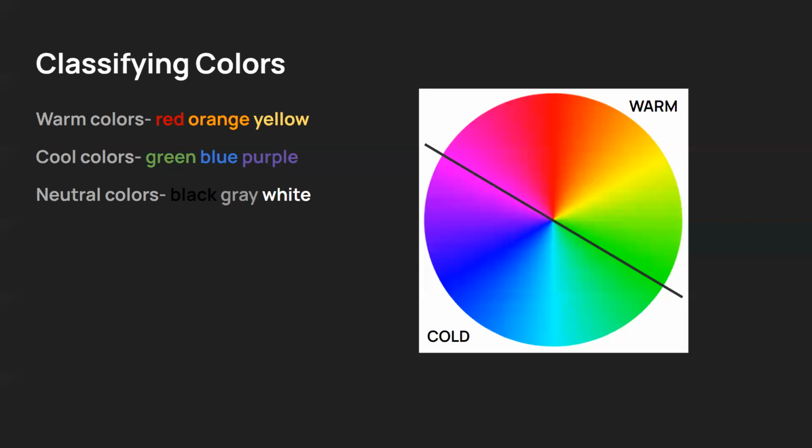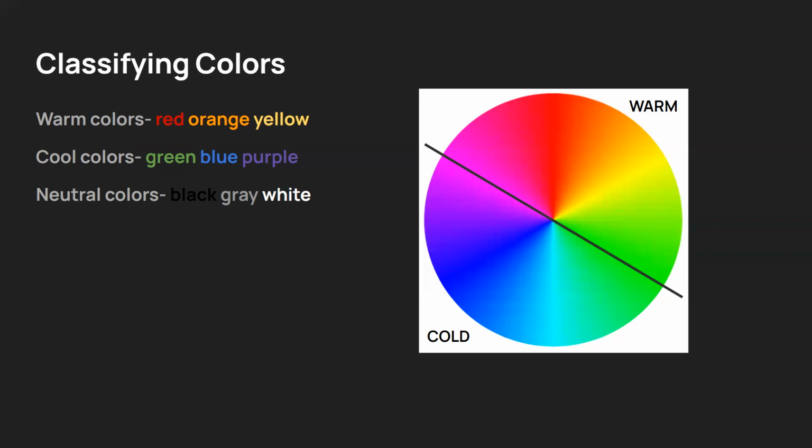And in order to differentiate them, you can split this color wheel in half. Approximately, this is where the classification gets split. So warm colors are your red, orange, and yellow shades. And cold colors are your green, blue, and purple ones.